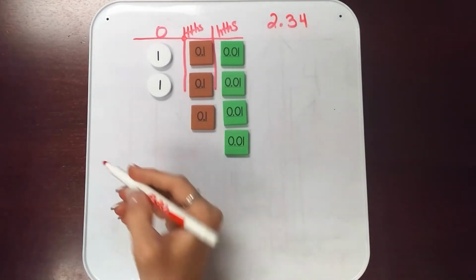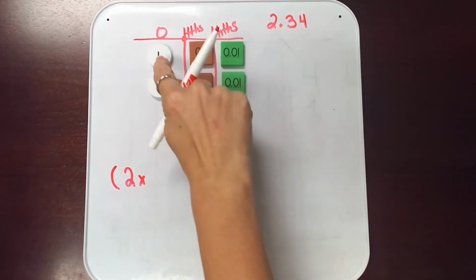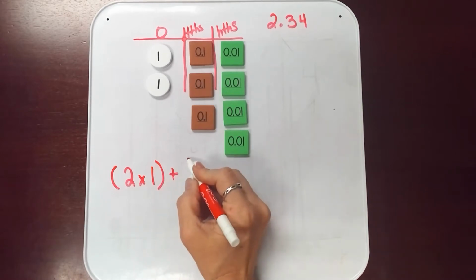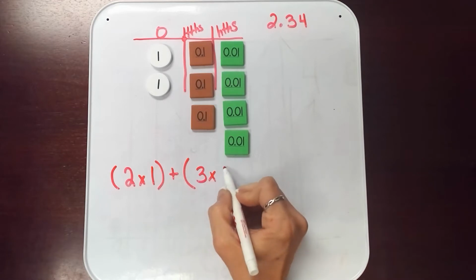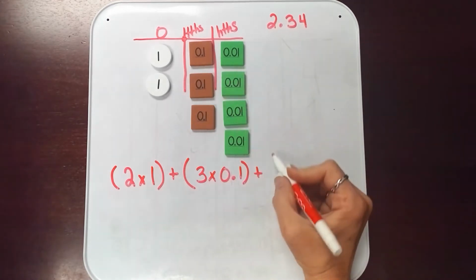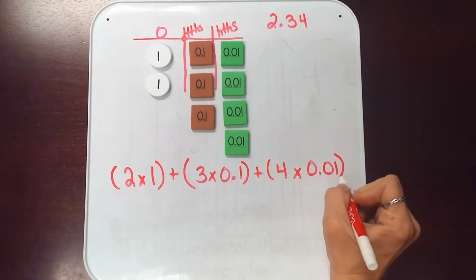All right, so to write our expanded notation, I have 2 ones, so 2 times 1, plus I have 3 times 1/10, plus 4 times 1/100.